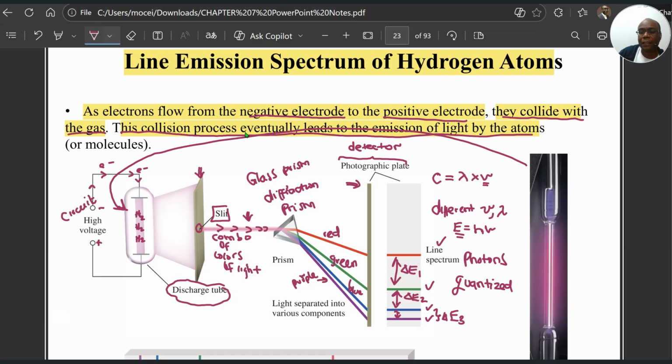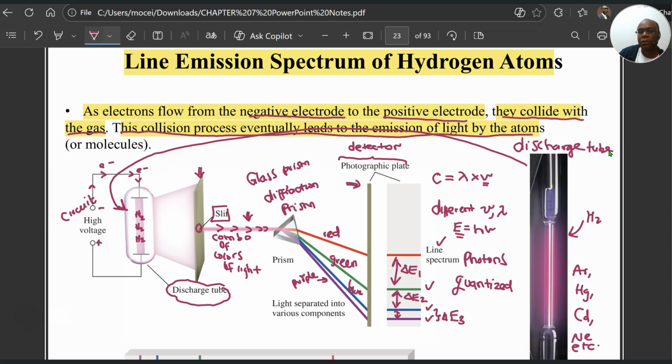If you're looking at other elements, their line spectra will look different. The process is the same. You're just going to change your discharge tube. In this case, this was hydrogen gas, so probably you can swap with argon, mercury, cadmium, neon, etc. They will give you different lights.